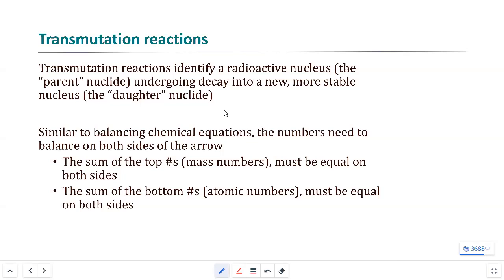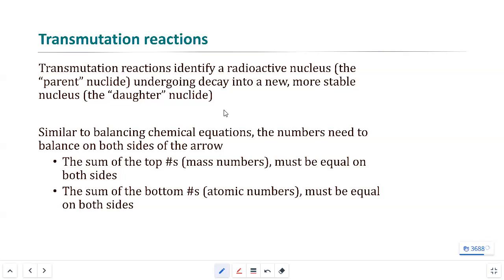We're going to be worried about conserving particles. And so the way that we track the particles is through looking at two things: total mass number, so that is the total number of protons and neutrons, and total charge.